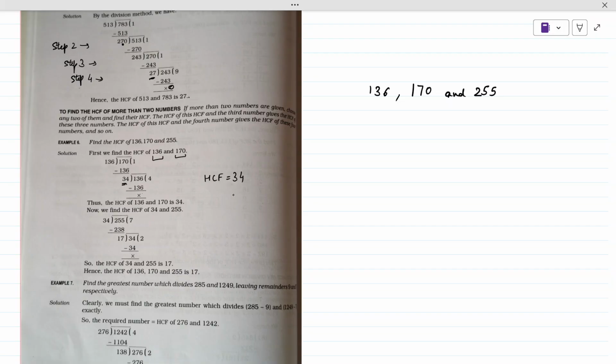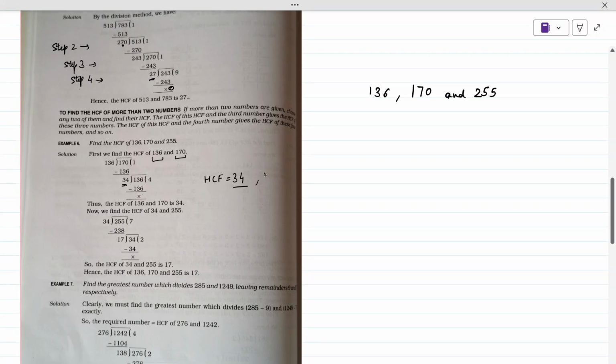Okay. So now we have this HCF and we have the third number also, which we have not used till now. Sorry, the number which is left is 255. Yeah, it is 255. So what we have to do now, we have to consider these 2 numbers and do the same process. That is, we will divide this number 255 with 34.